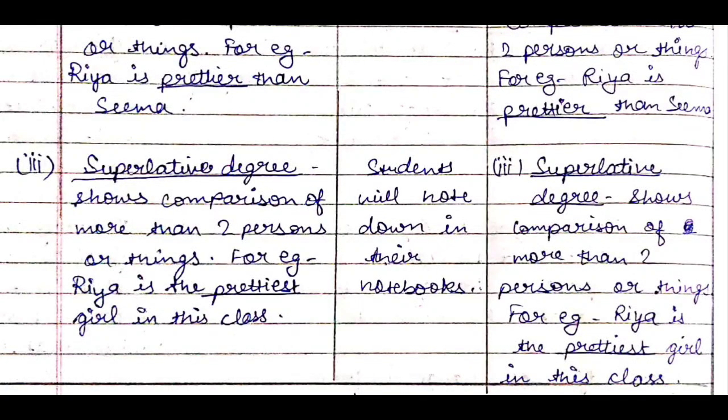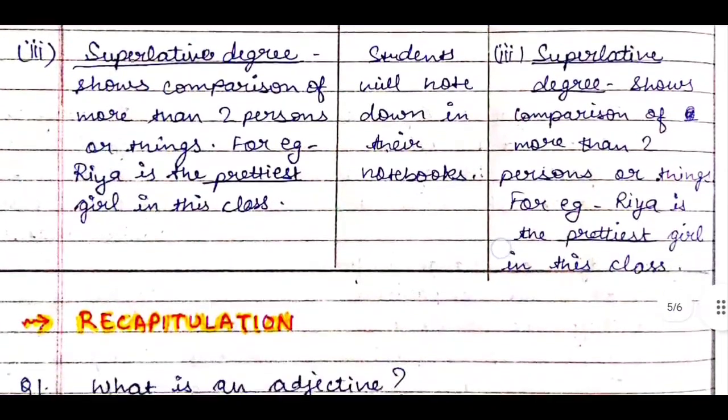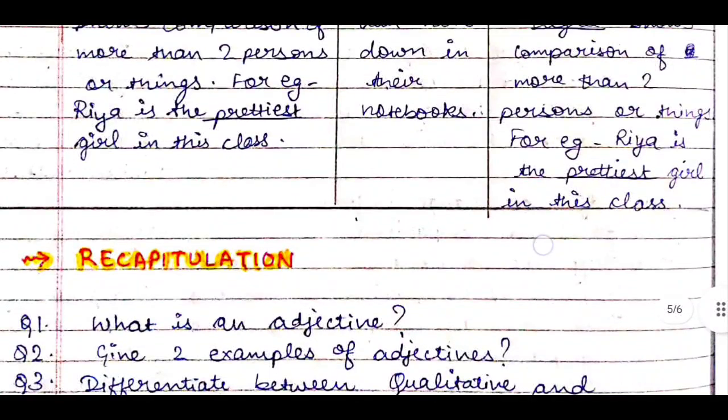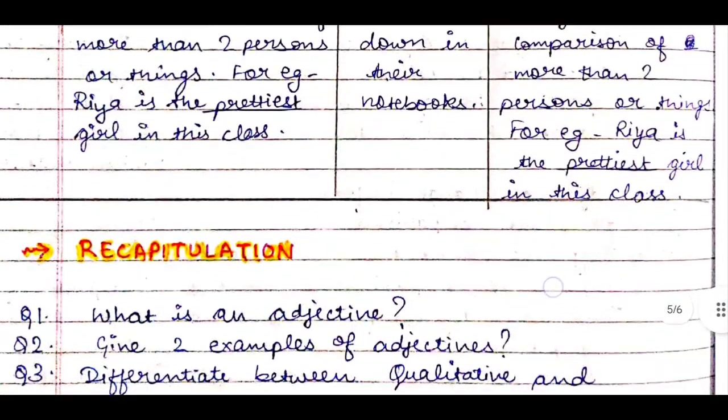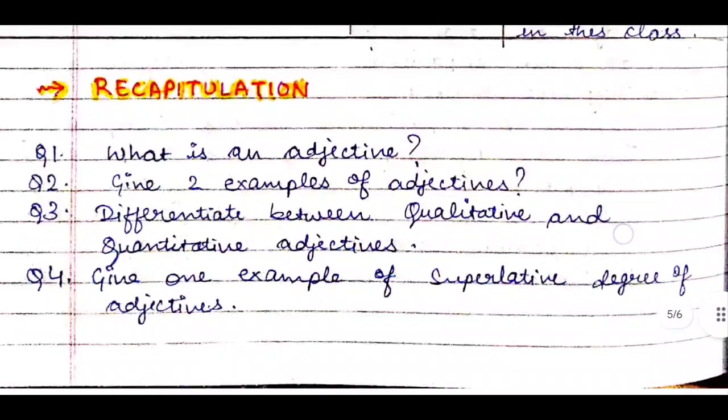We'll underline prettiest. So the three forms were pretty, prettier, prettiest. That is how an adjective changes when compared.